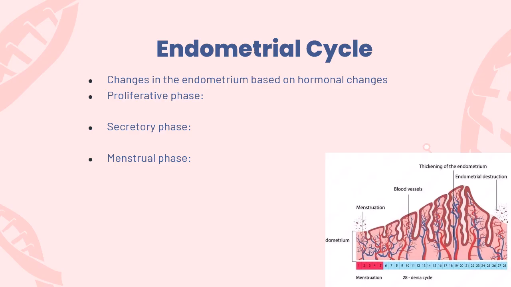It occurs right after ovulation and ends with the onset of menstruation. And then you have your menstrual phase, which is the sloughing off and expulsion of all that tissue. Like I said earlier, in this menstrual phase everything's sloughing off, and we're starting brand new with the proliferative phase, regrowing all that tissue back.